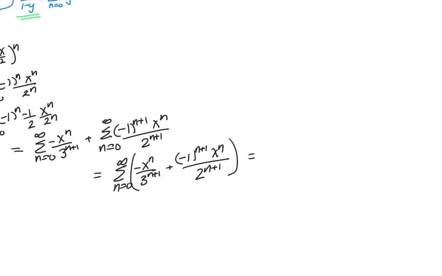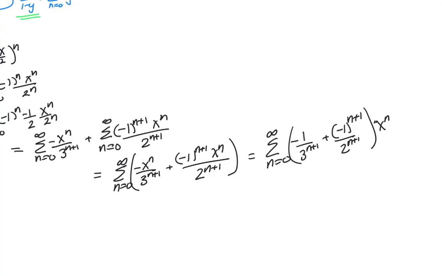Now you can see that x to the n can be canceled out, so I'm going to have the summation of n equals 0 to infinity of negative 1 over 3 to the n plus 1 plus negative 1 to the n plus 1 over 2 to the n plus 1. And then this whole thing can be multiplied by x to the n. And I could pull out a negative 1, but I think I'm going to just leave it right there.